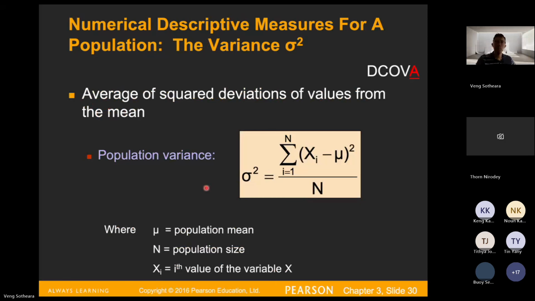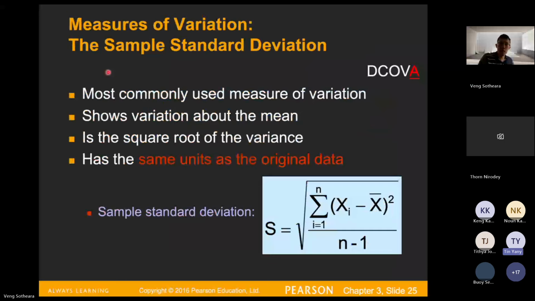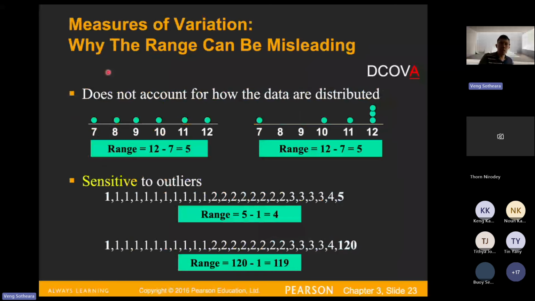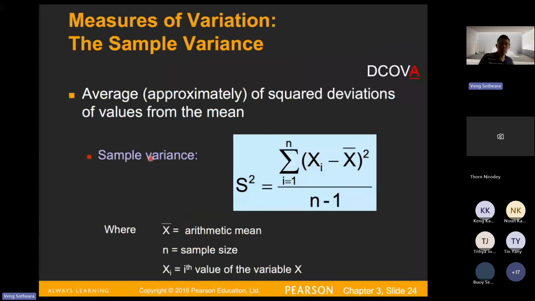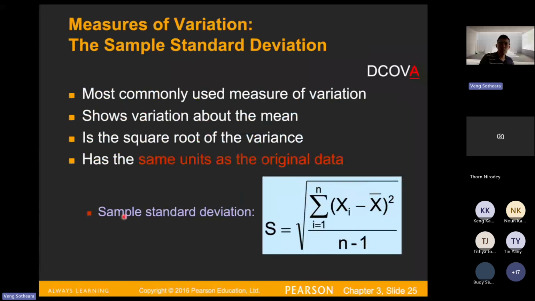So somebody may still remember the difference between sample and population. A while ago, we had sample variance, sample standard deviation. The variance and the standard deviation belong to a sample.